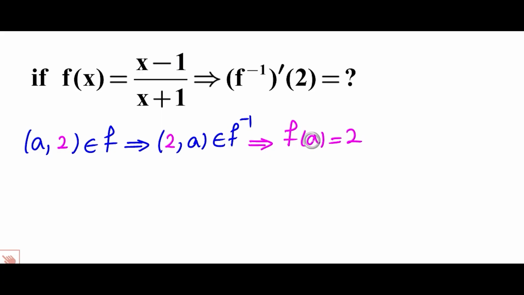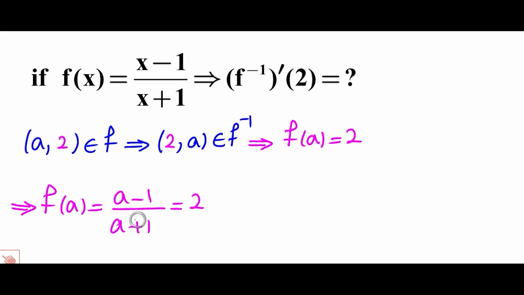So if we plug in a for x, we have f of a is equal to a minus 1 over a plus 1, which is equal to 2. Now let's solve for a. First multiply both sides by a plus 1.